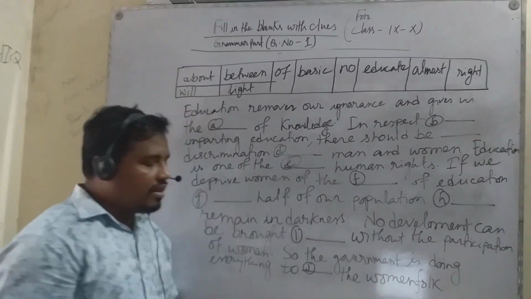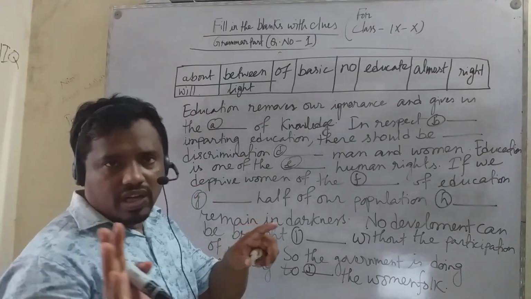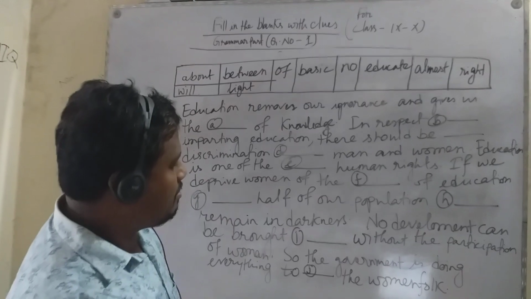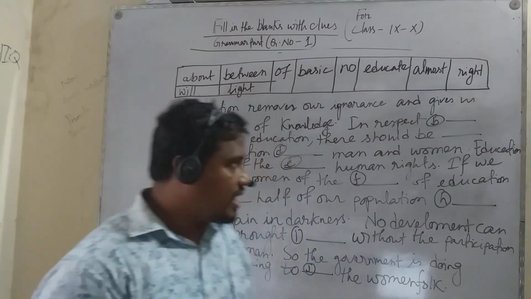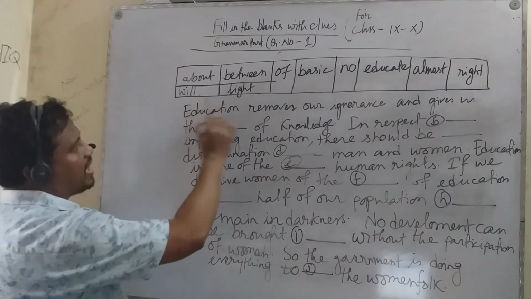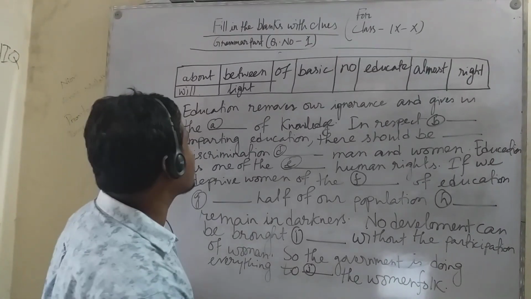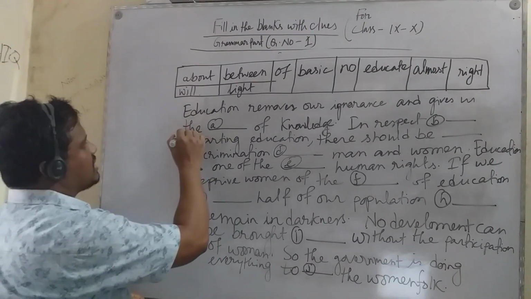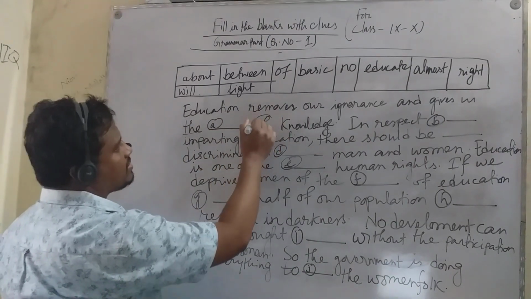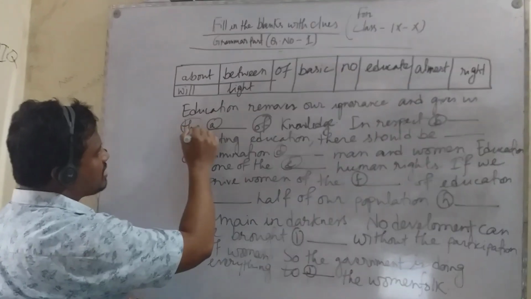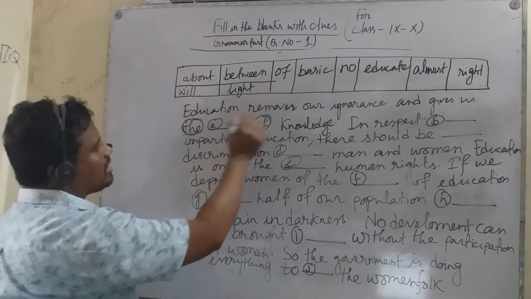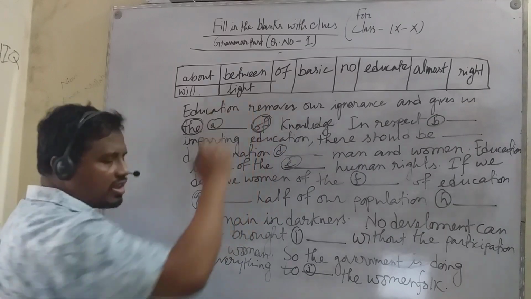Okay, I think you have completed your task. Now match your answer with my answer. Look at the sentence: Education removes our ignorance and gives us the gap, followed by of. There is an article before it and a preposition after it.